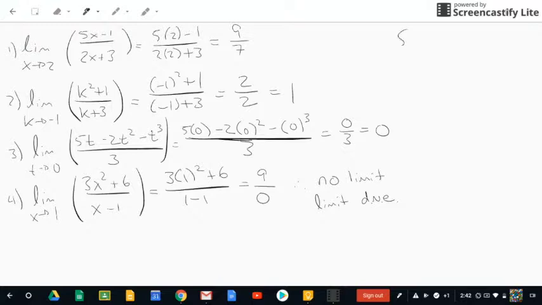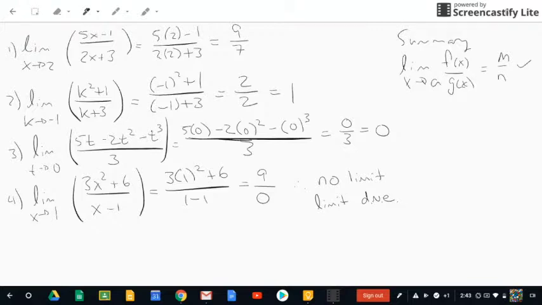So just in summary here, if you take the limit as, let's say, x approaches a of f of x over g of x, if you plug it in and you get, let's say, just using different letters here, m over n, then that's your limit. That's not a problem.